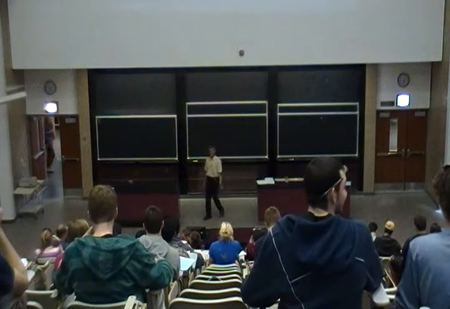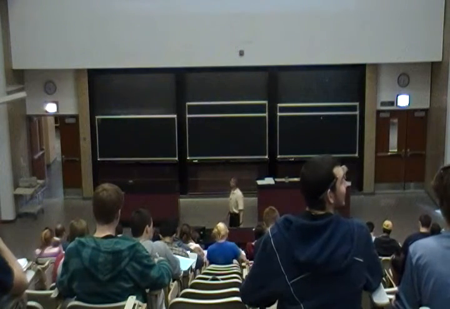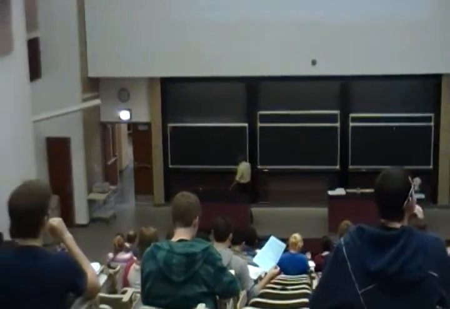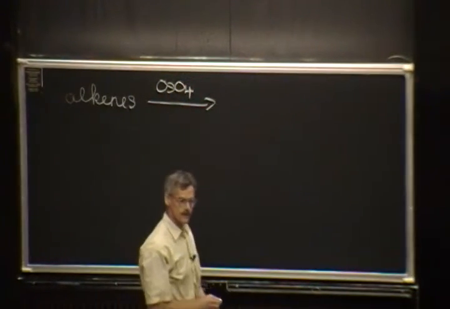Let's continue with, actually finish off the reactions of alkenes. So we looked at osmium tetroxide last week. And osmium tetroxide converts alkenes to 1,2-diol. And the mechanism is a cycloaddition.